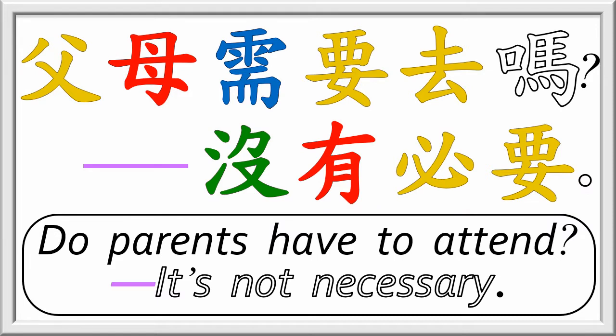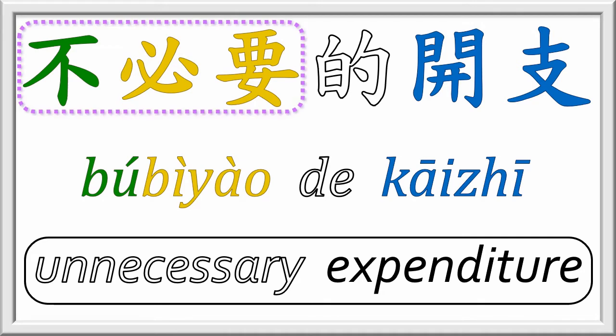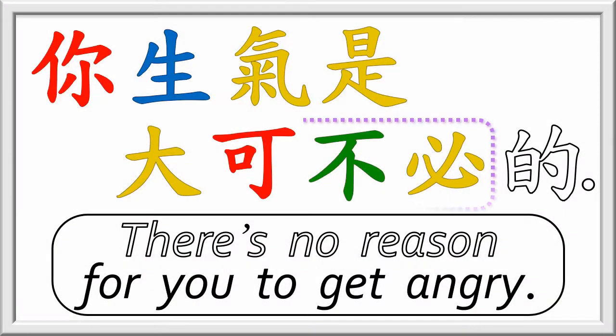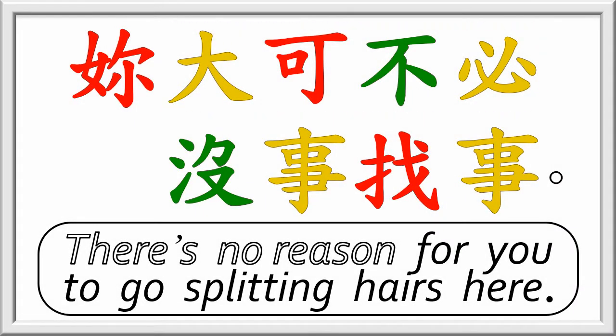It's not necessary. 不必要的开支, an unnecessary expenditure. 大可不必 is a slightly more emphatic expression meaning totally unnecessary. 你生气是大可不必的. There's no reason for you to get angry. 你大可不必没事找事. There's no reason for you to find fault here, to go splitting hairs.